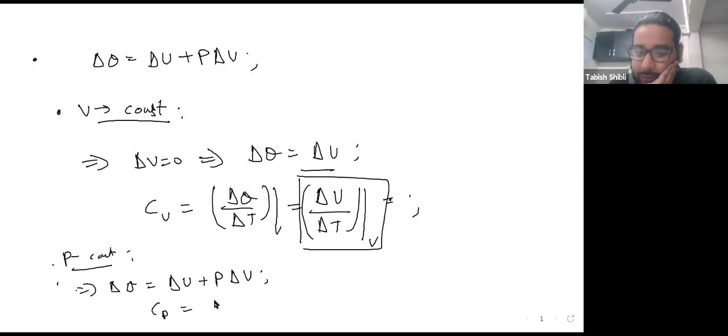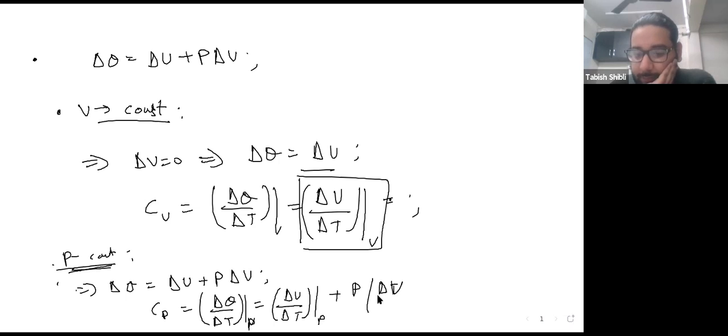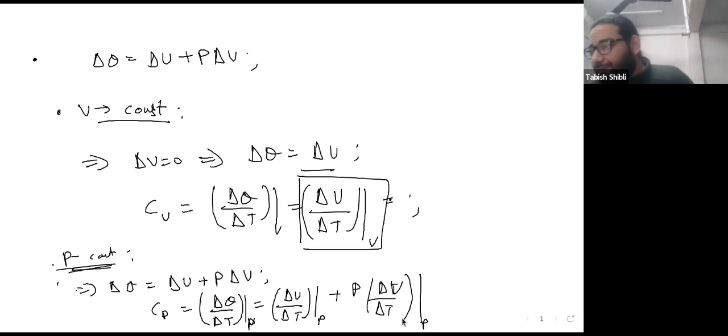Well, Cp is delta Q by delta T at constant pressure, which is equal to delta U by delta T at constant pressure, plus P delta V by delta T at constant pressure. Lovely.